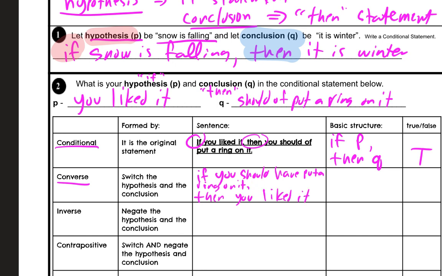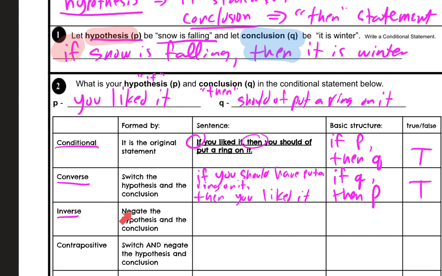If you see that, all we did was switch the order of the hypothesis and conclusion. So the basic structure, instead of if P then Q, is if Q then P. Let's see if that's true. If you should have put a ring on it, then you liked it. Well, yeah, you wouldn't have if you didn't. That's true.